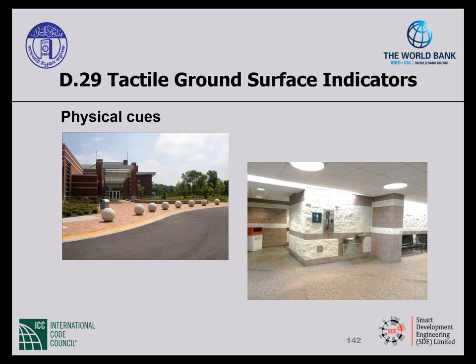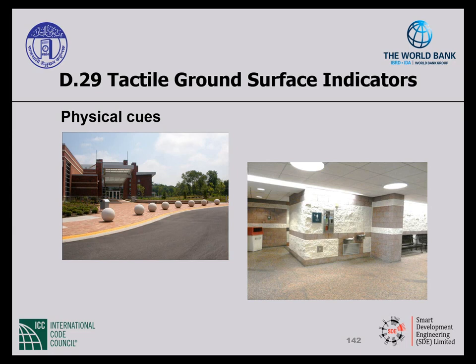Tactile ground surface indicators. People with visual impairment find their way independently with the use of physical or sensory cues, such as landmarks or mind maps. For such users, we need to develop a logical, predictable, accessible route, designed free from barriers, hazards, or obstructions.